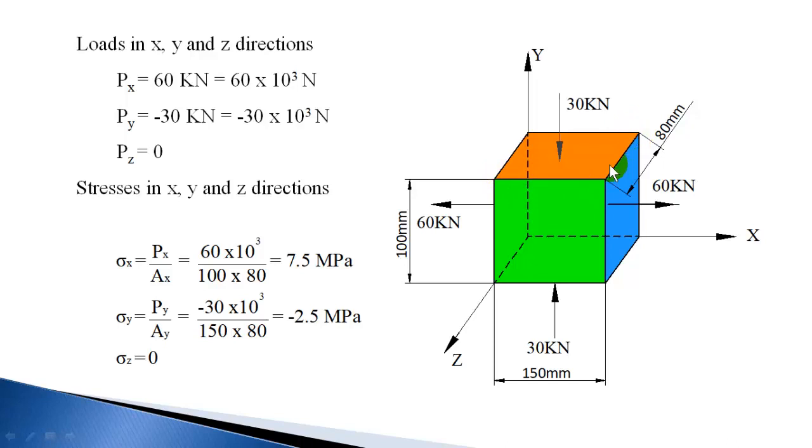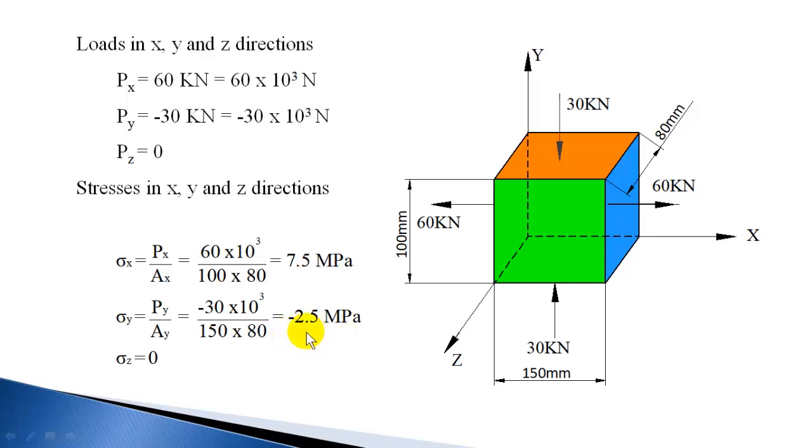That is the area lying perpendicular to this force and resisting this force. So minus 30 into 10 raised to 3 divided by 150 into 80 gives minus 2.5 megapascal.